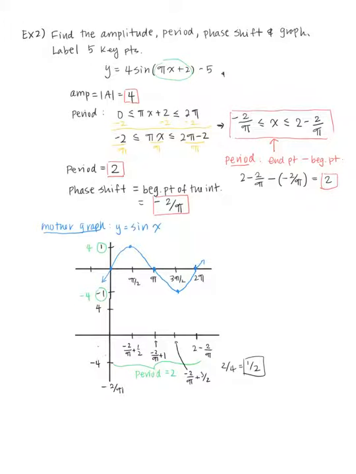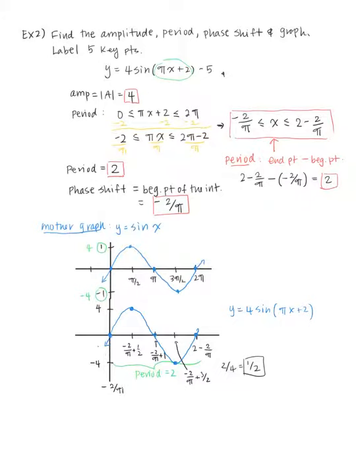Alright, and then what's going to happen is it's going to go 0, high, 0, and then low, 0. Just one cycle. So this is the graph of y equals 4 sine of pi x plus 2.